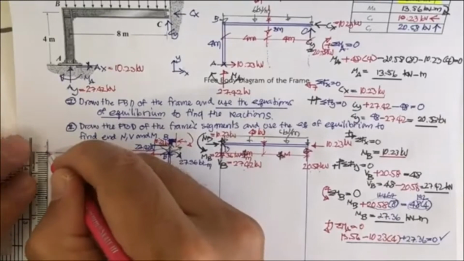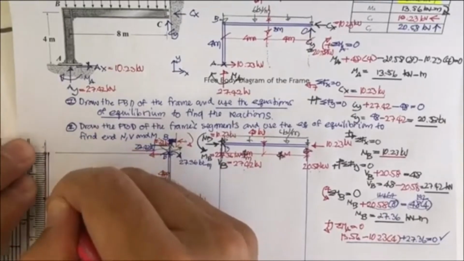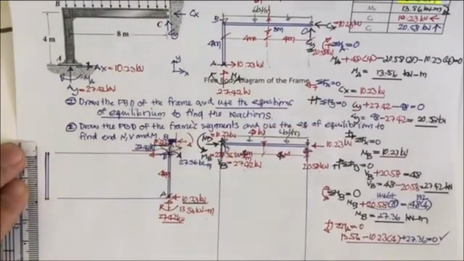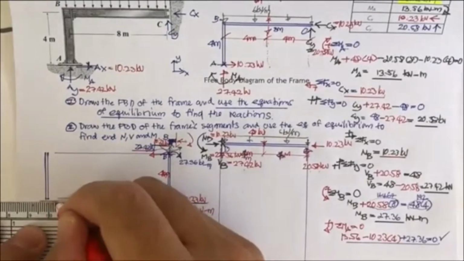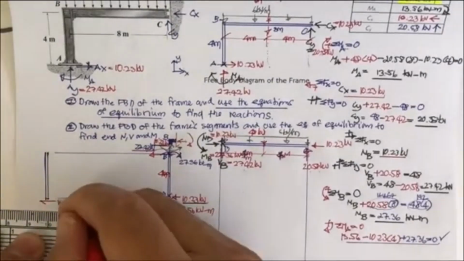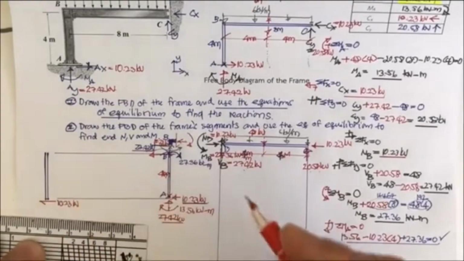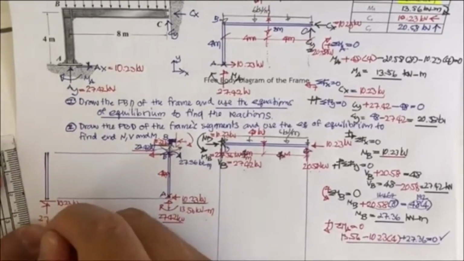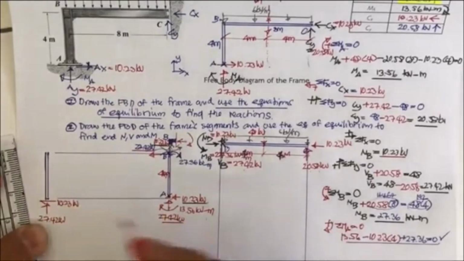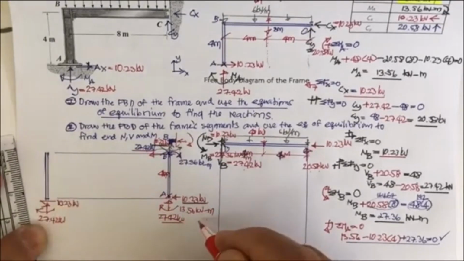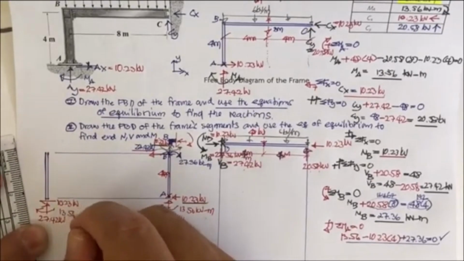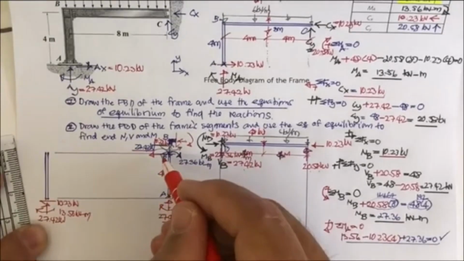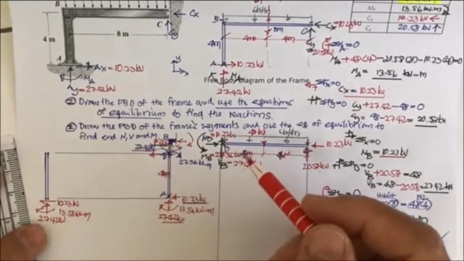Let me just move this one here and put the force clearly here. That is going to be 10.23 kilonewton, and this is going to be 27.42 kilonewton, and the moment here is 13.56 kilonewton meter.